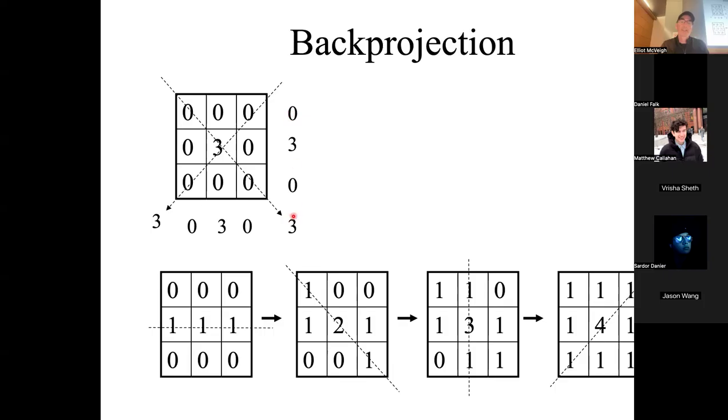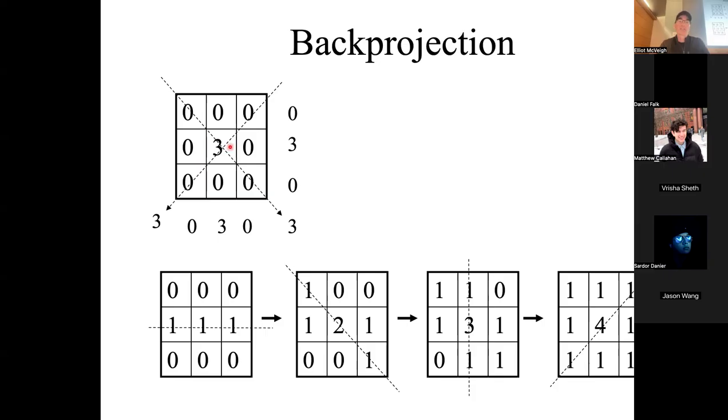So let's look at these data that we've got, and what's the simplest thing we can do to try and estimate what the actual pixel values are. If I look at this line, I know that all of these add up to 3, but I have no idea in what combination they add up to 3, right? I just know they add up to 3.